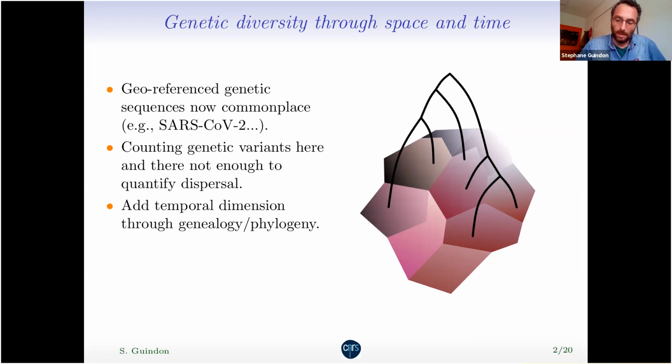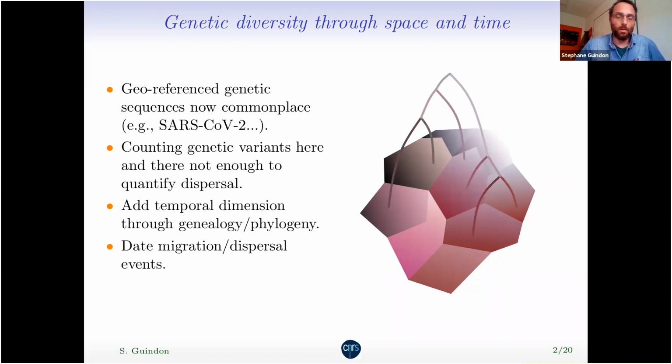And once you define your model in this context of phylogenetics, of evolution, then you're going to be able to estimate dispersal, and you're going to be able to do all sorts of interesting inferences, including dating past migration events, which is fairly relevant from a biological standpoint.